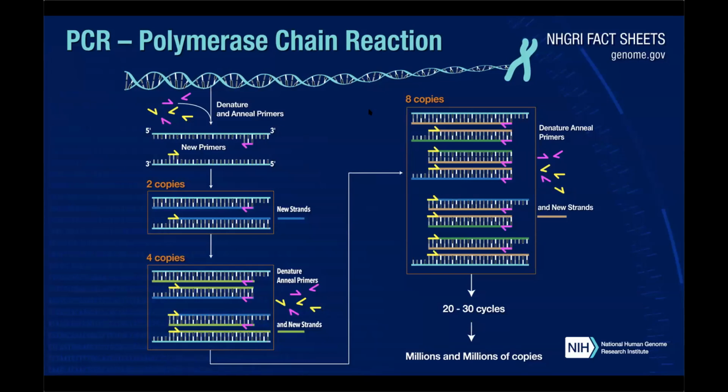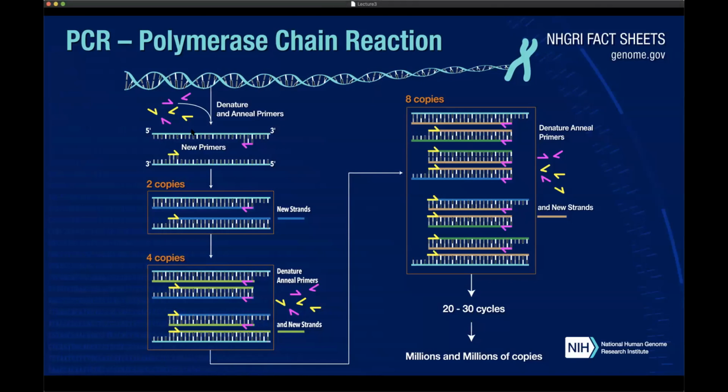And the way you do this is that you use the natural process of polymerization and template extension, which happens in nature all the time. But you have to guide it to amplify only the sequence that you want to amplify. And you do this by developing specific primers, which we'll discuss in a second, because primer design is very important for diagnostic performance, and it's sort of the bread and butter of sequencing and molecular diagnostics.